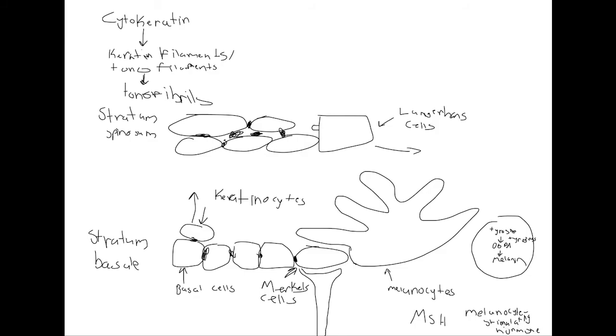And this melanocyte stimulating hormone is going to bind to a protein on the melanocyte surface called MC1R. That's the acronym. And the full word is melanocortin 1 receptor.